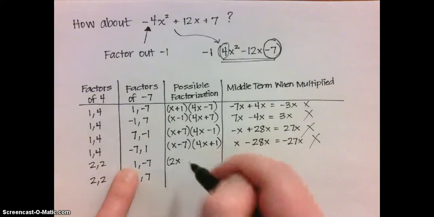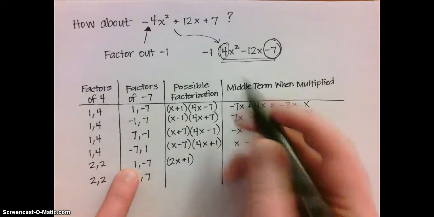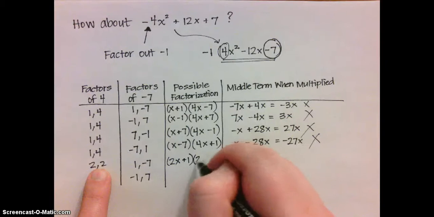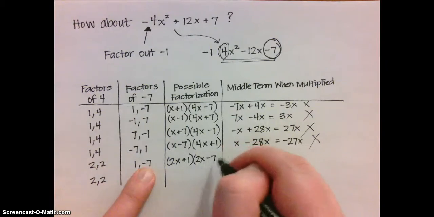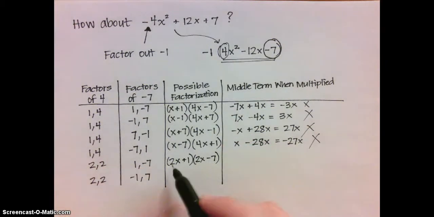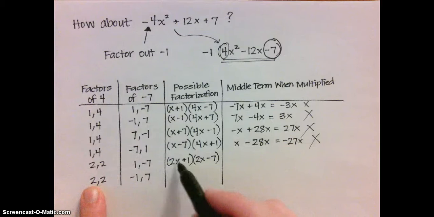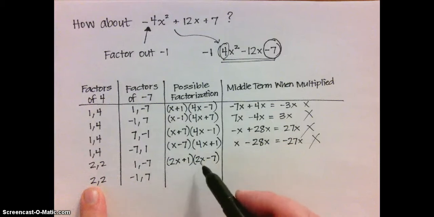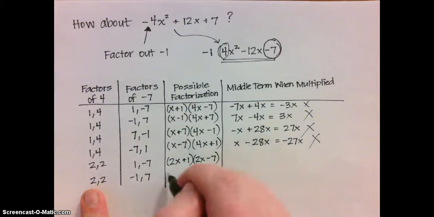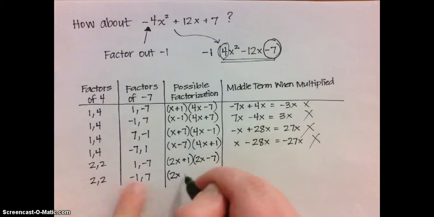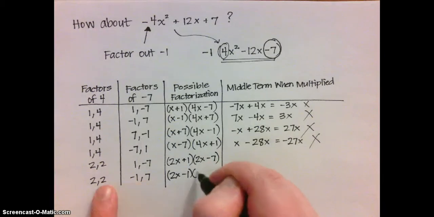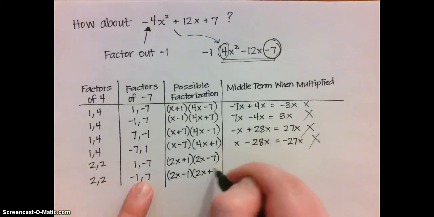2x plus 1 times 2x minus 7. So do you see why I only have 2 different ones? Because in both cases, they will have a 2x. And let's try our last line. 2x minus 1 times 2x plus 7.